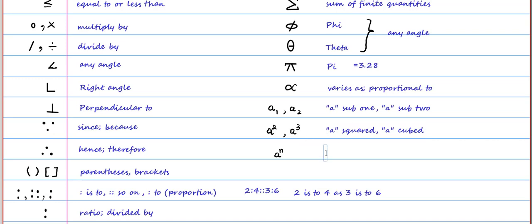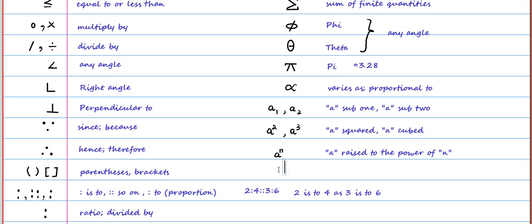What does this mean? This means a raised to the power of n. Got it?